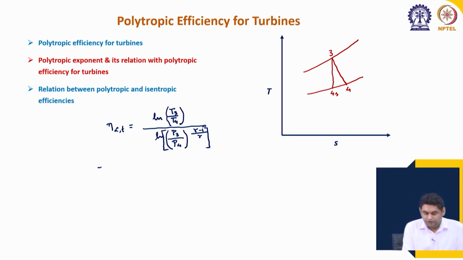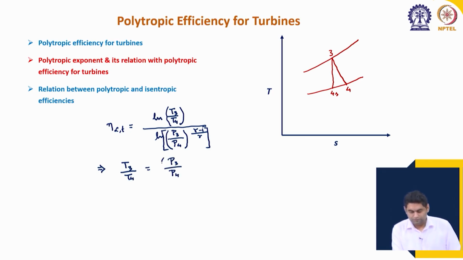So, which means that T3 by T4 is equal to P3 by P4 to the power eta infinity T gamma minus 1 by gamma. Again similar to the case of the compressor, although the expression is different, the process is similar.